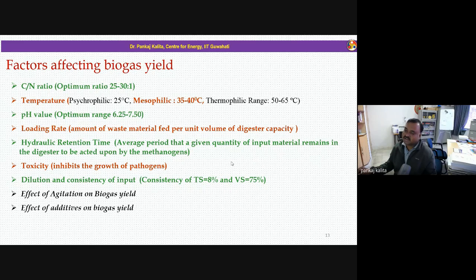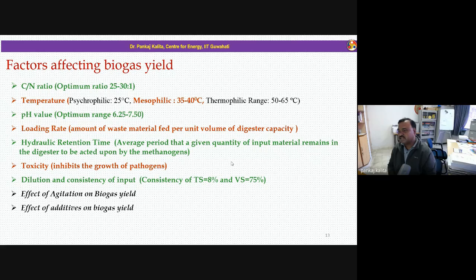And temperature. When you talk about temperature, there are three categories. Psychrophilic if our working temperature is 25 or below, mesophilic if it ranges from 35 to 40, and thermophilic if it ranges from 50 to 65 degrees C. Okay, so based on the situation or requirement, we can select the appropriate range and do the anaerobic digestion.